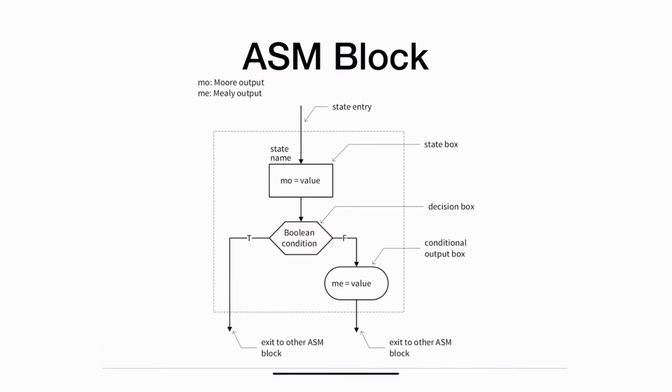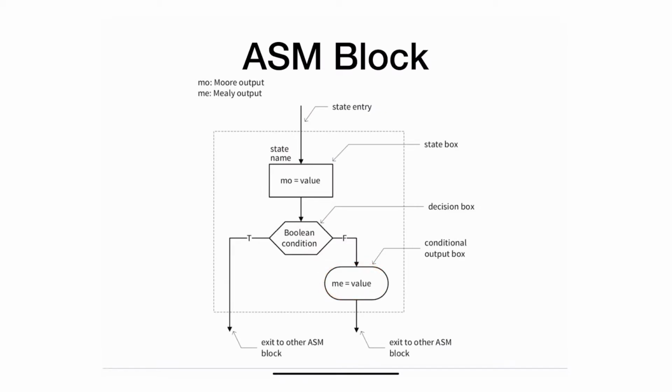You have a bunch of Boolean conditions, and they could be true or false. If false, you might get another question, or even if true, you might get another conditional box, and so forth. If you have Mealy output, per this Boolean condition you're going to see a conditional output box.